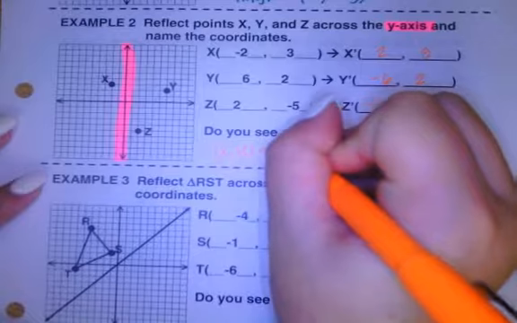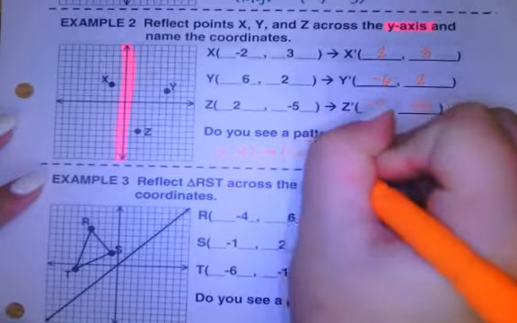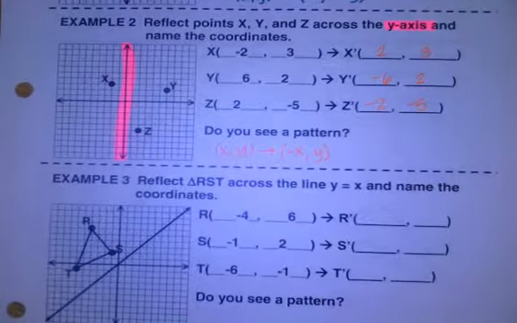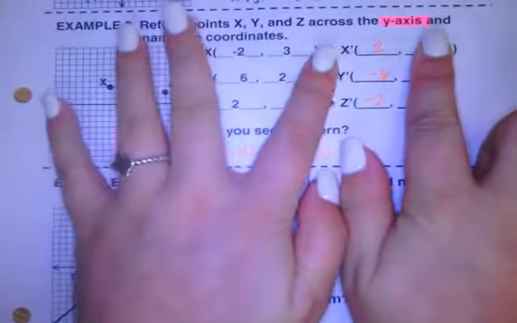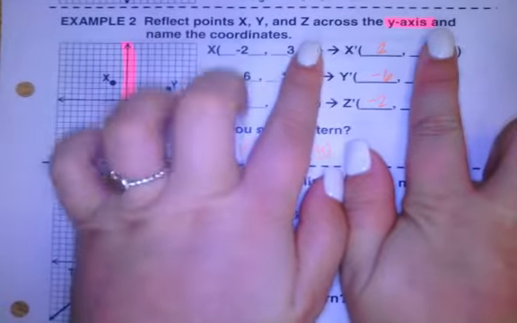Very good. x, y yields opposite x, y. So our y values didn't change, but our x values took the opposite sign.